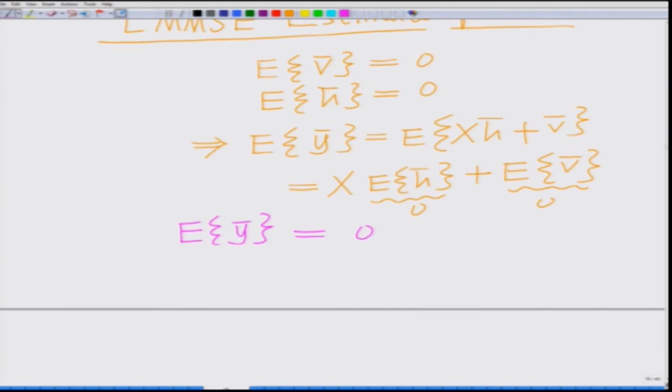So, the parameter is 0 mean, and the observation vector is 0 mean. So, we can use the expression for the LMMSE estimate that we have derived previously. Okay. So, we have H hat equals R H y into R y y inverse into Y bar.